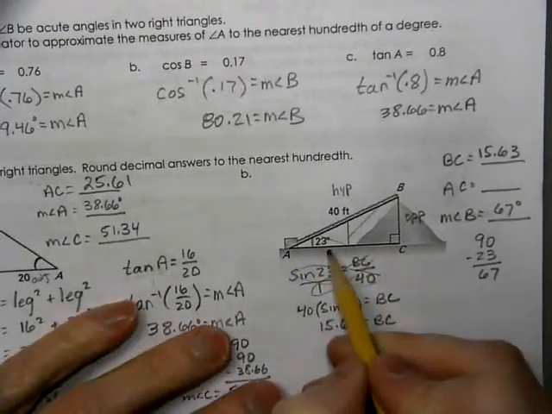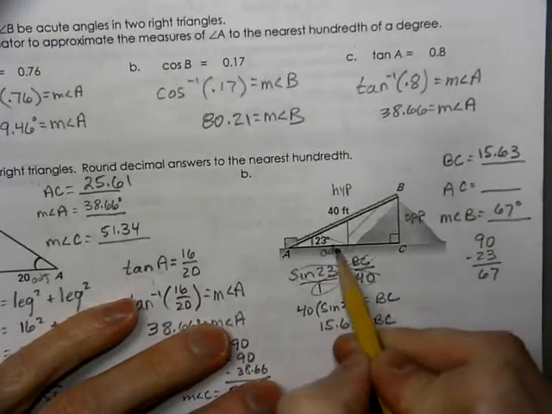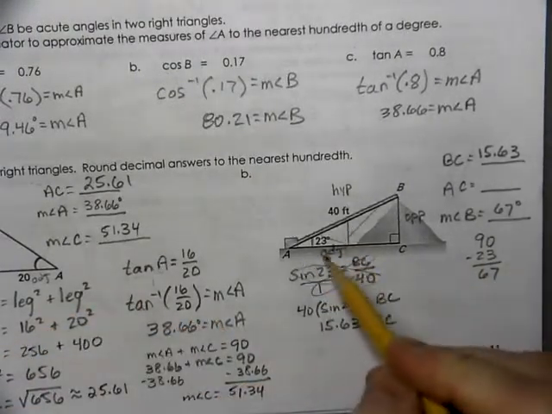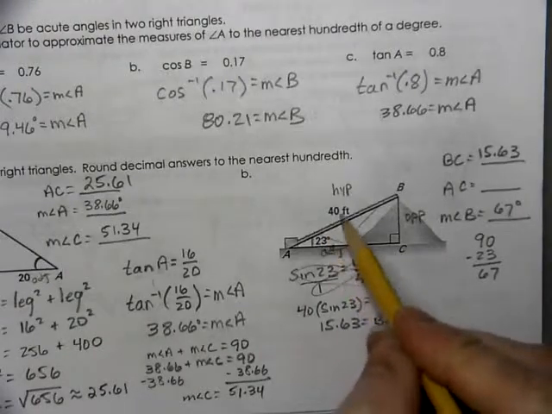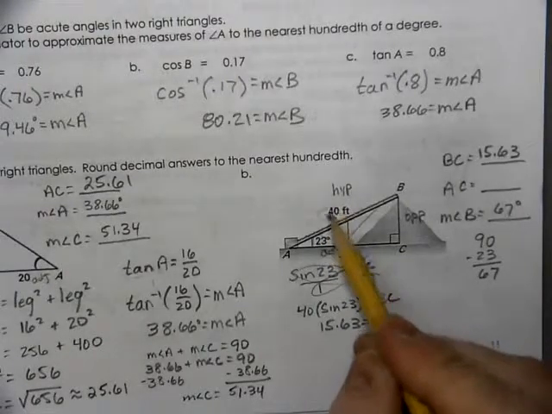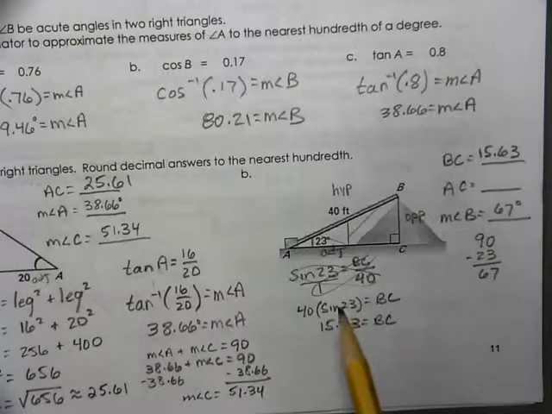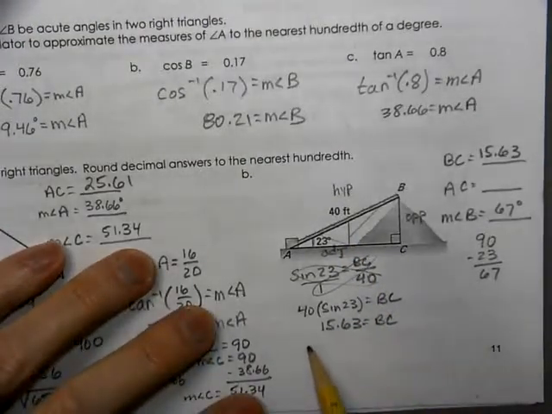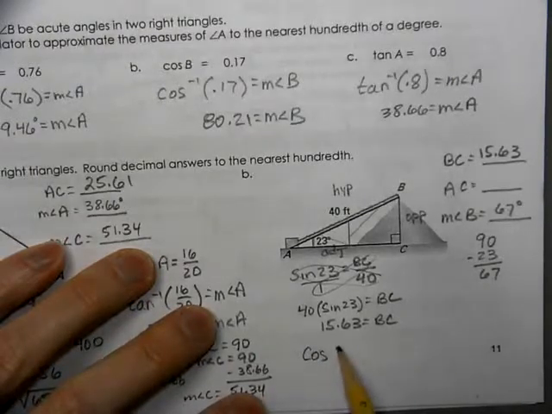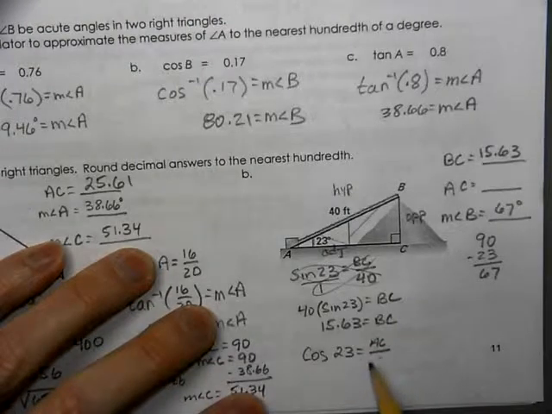Now to figure out the adjacent side, which trig function would we use to figure out the adjacent if we're given the hypotenuse? So cosine of 23 equals the adjacent over the hypotenuse.